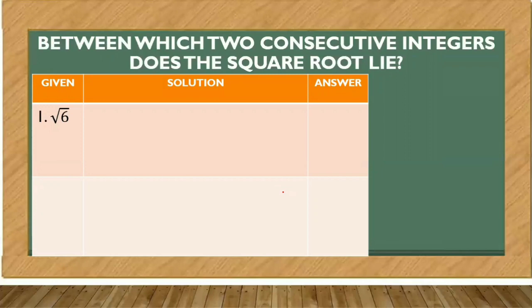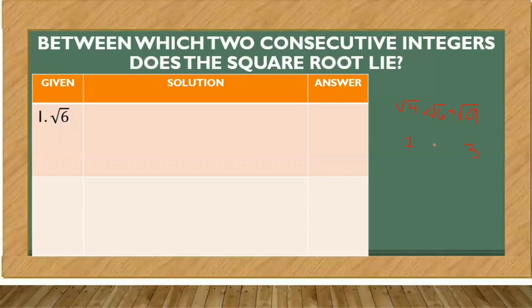We have what? See, square root of 4, and square root of 9. Meron silang mga perfect square. So, nasa pagitan nila, sino? See, square root of 6. Di ba? Nasa pagitan nila si square root of 6, nasa gitna. Si square root of 4, merong perfect square na 2. And then, si square root of 9, merong perfect square na 3.